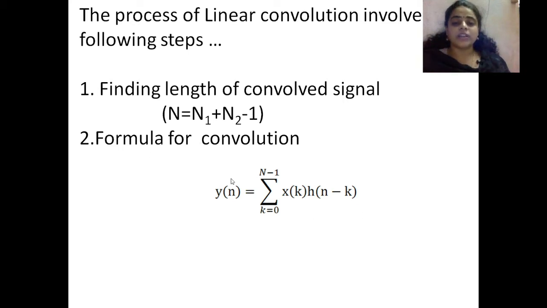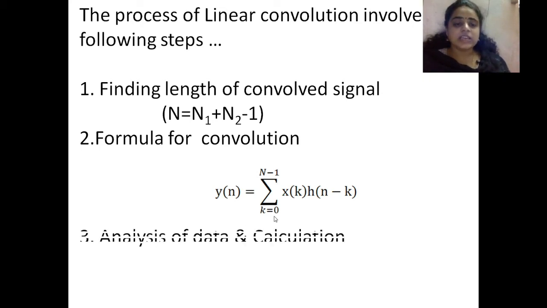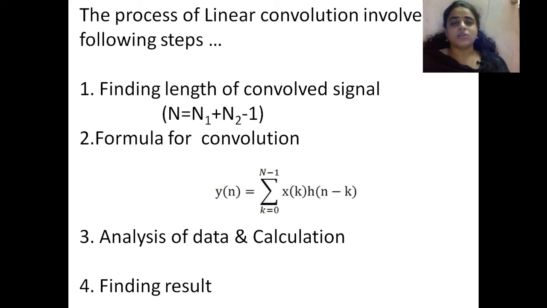Second, we write the formula for convolution: y of n equal to summation k equal to 0 to n minus 1 x of k into h of n minus k. Third is analysis of data and calculation. Fourth is finding the result. Step by step we are going to see how to solve problems on linear convolution.